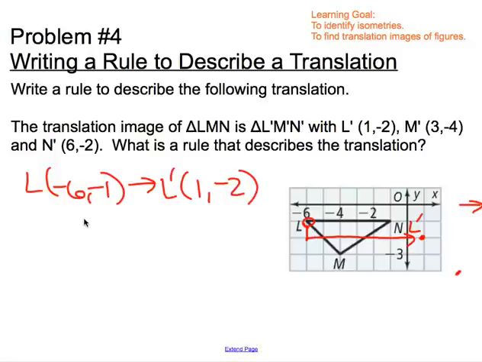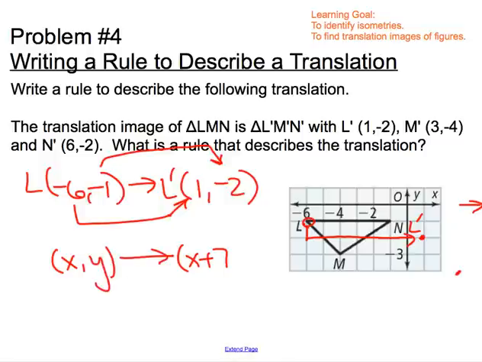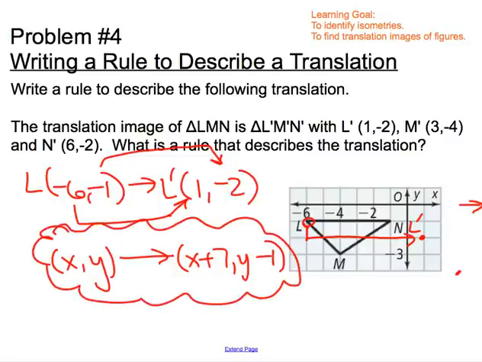And so to get from negative 6 to positive 1, we're going to have to take x and get x to plus 7, so x plus 7 over here. So then to get from negative 1 to negative 2, you can see that we're going to take y, and whatever it is, we're going to take y and subtract 1. So this is what I think the rule should be.